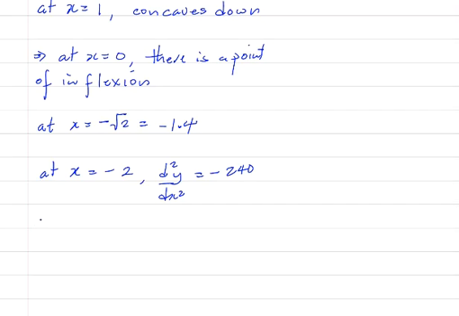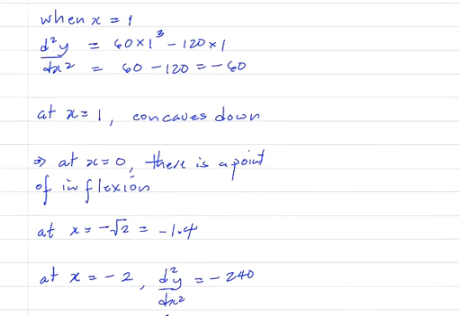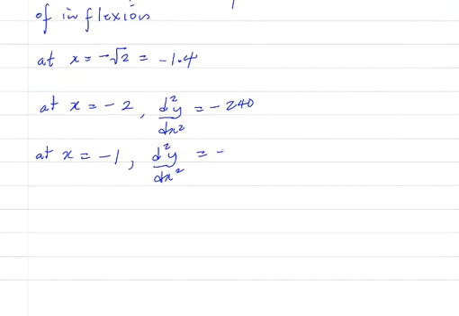And at x is equal to minus 1, minus 2 is just before minus 1.4, and minus 1 is just after. We did x is equal to minus 1 already, and we got 60. So it didn't change concavity.